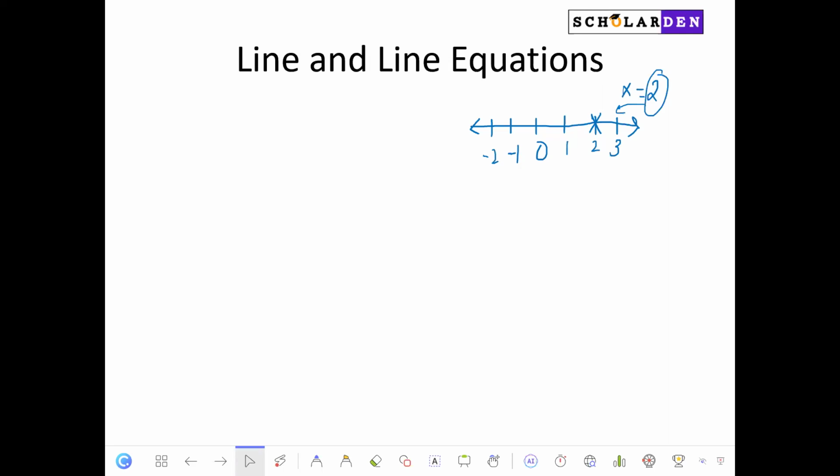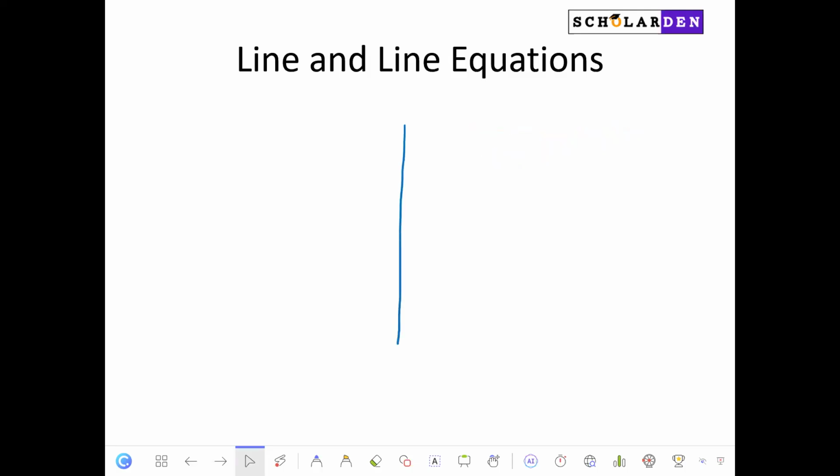Okay, right. But what happens if we were to plot the same thing on the Cartesian plane? Again, the question is x is equal to 2. How do we plot that on a Cartesian plane?